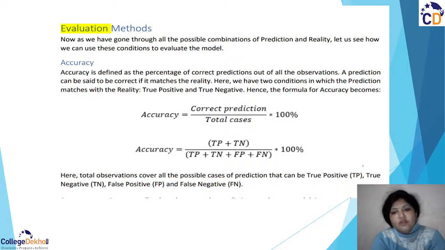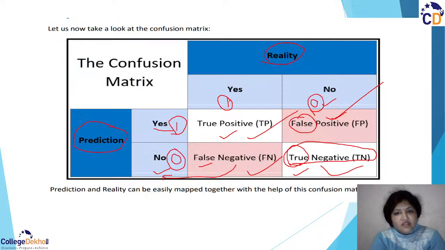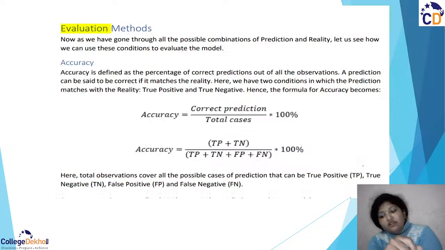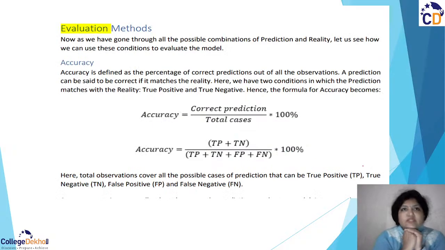Now let us have a look at evaluation methods, how to use these four cases: true positive, false positive, false negative and true negative in your evaluation method. Let us start with accuracy. I have explained two of them with some examples also.